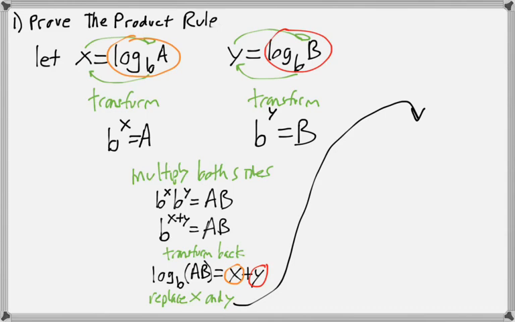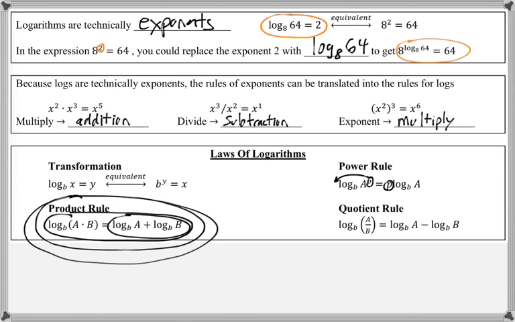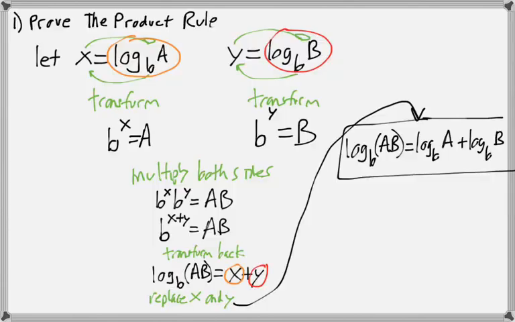So I now have log base b of a times b is equal to log base b of a plus log base b of b. So now this looks exactly like the product rule that we have there. So we have proven where it's come from.